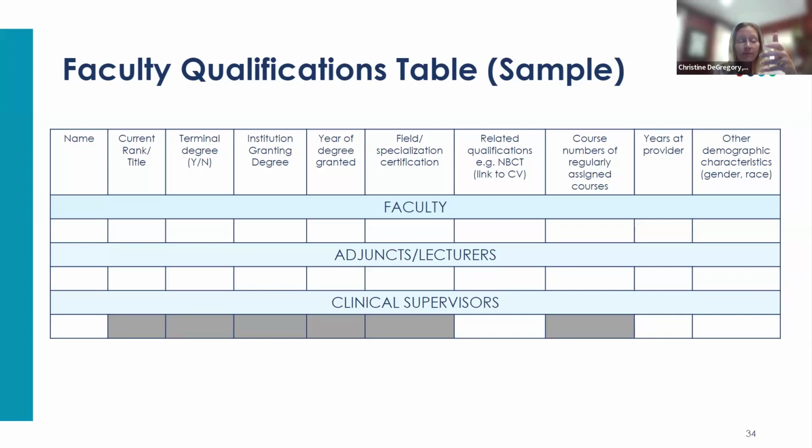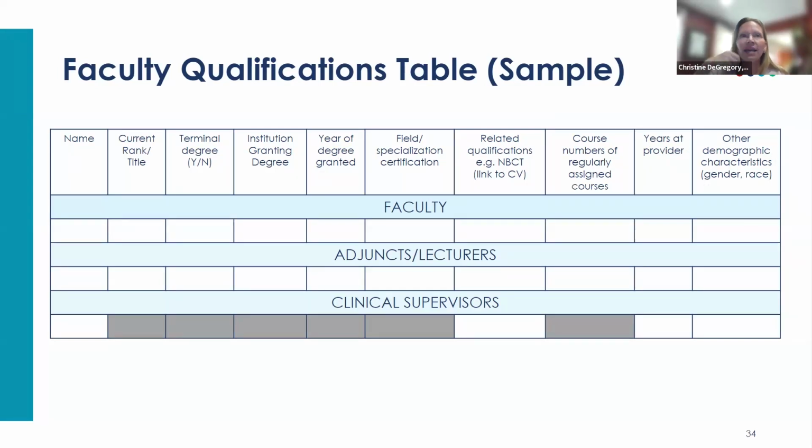And then the review team member could say, okay, I'm going to pull Dr. Smith. I'm going to look at this syllabus. Well, it said that her specialization is in ed leadership. And guess what? She's teaching an ed leadership course. That's great, right? So that's the kind of check that your review teams are going to be making.